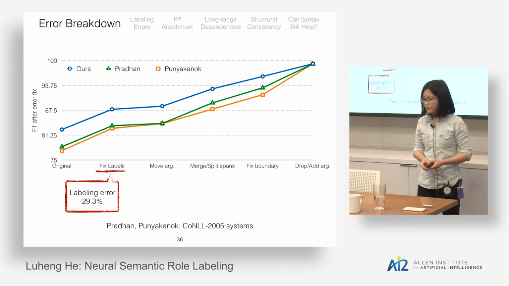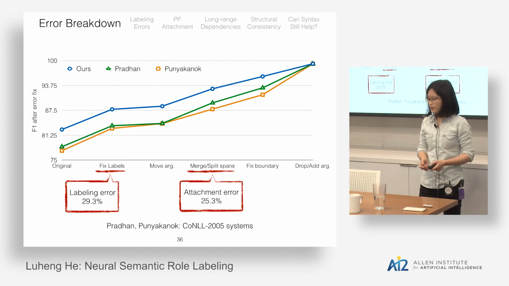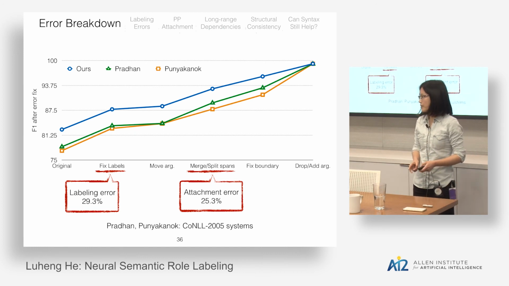After fixing labels, the error reduction on our model prediction is 29%, which means 29% of the errors correspond to labeling errors. And 25% of our model mistakes correspond to attachment errors. So we'll look at these two kinds of errors in detail.